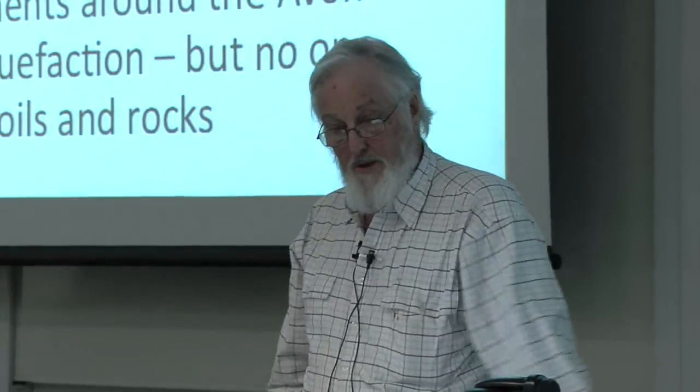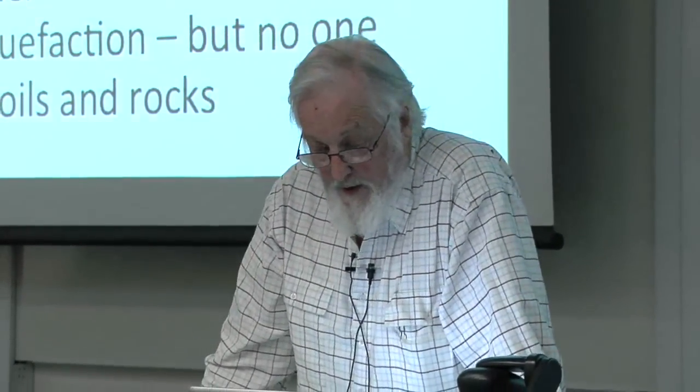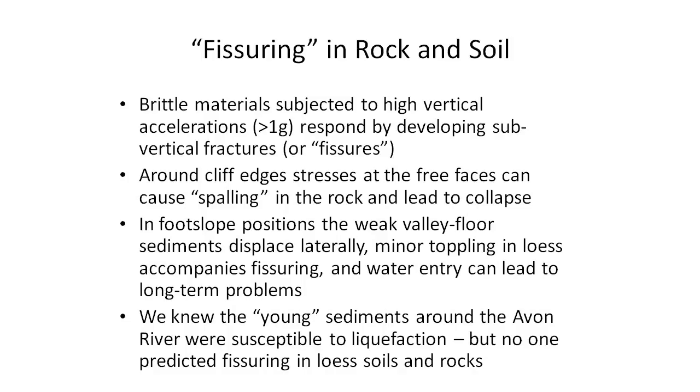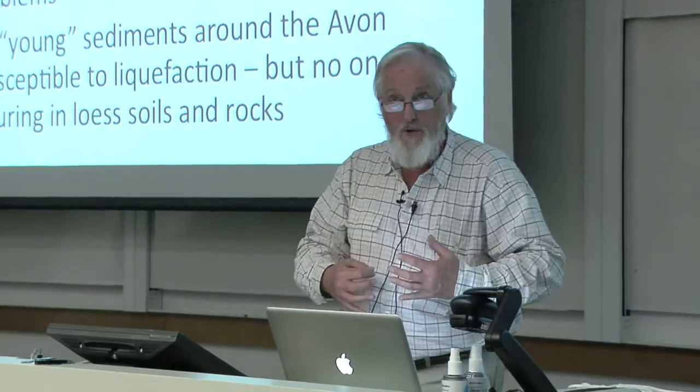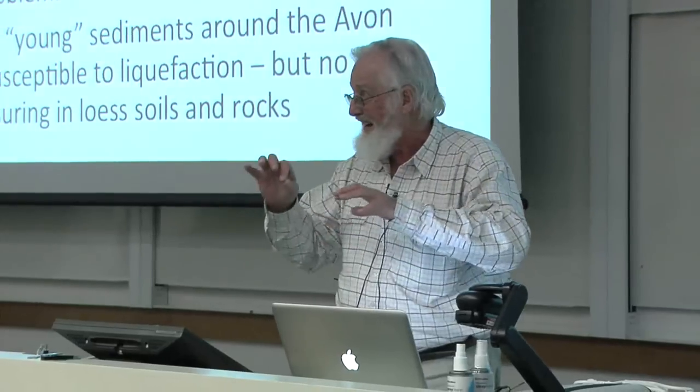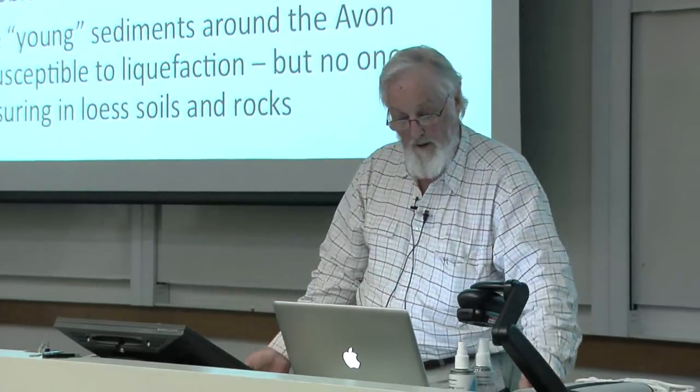Brittle materials subjected to high vertical accelerations respond by developing subvertical fractures or fissures. We've seen it in loess, we've seen it now in rock. Around cliff edges, stresses at the free faces cause spalling. Blocks come off. This isn't a simple rock fall issue, this is a cliff collapse issue, quite a different thing.